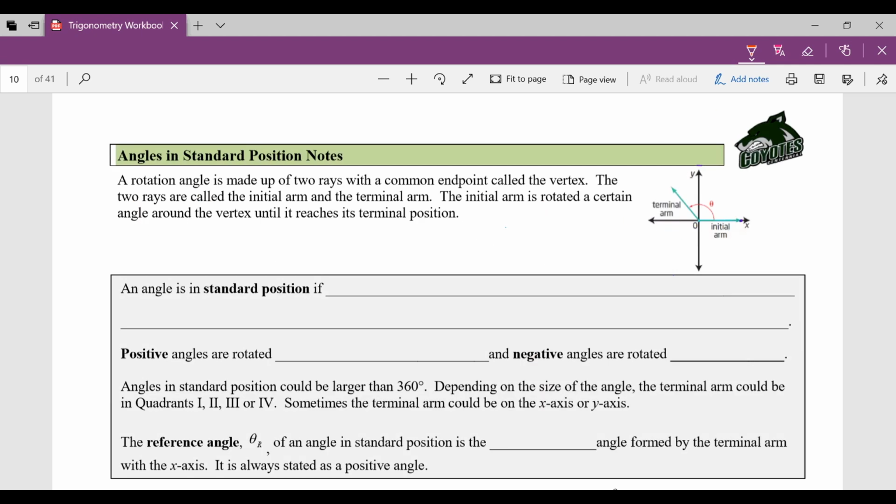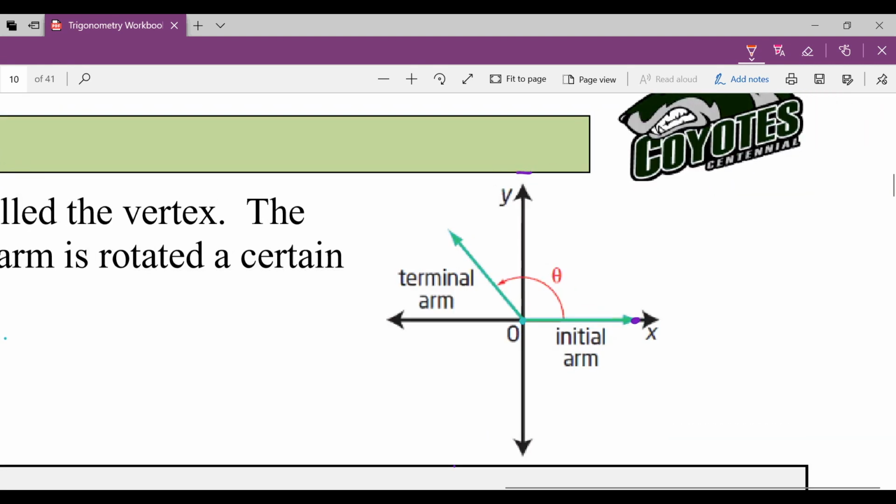All right, angles in standard position. A couple of bits of terminology now we're going to address. When we're talking about angles moving forward, we're talking about two parts of the graph which create an angle. We're talking about where the line begins, which is along the x-axis, and which we call the initial arm.